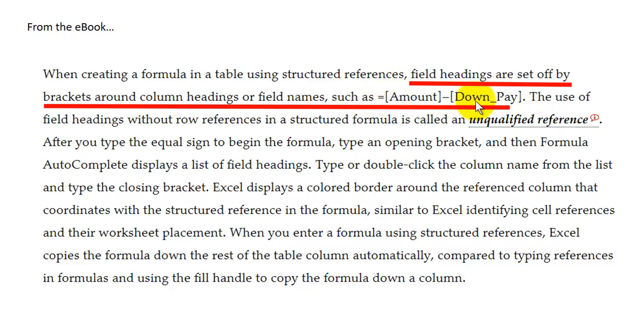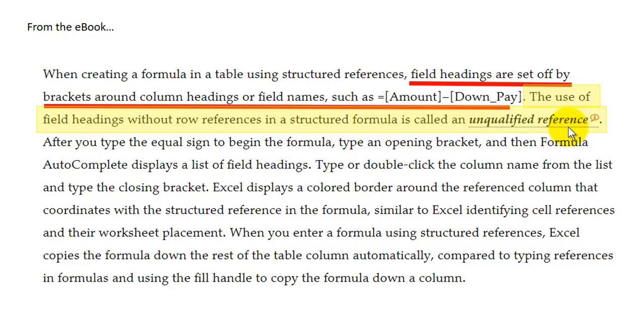That this is saying take the value in the amount column and subtract the value in the down pay column. Okay. The use of field headings without row references in a structured formula is called an unqualified reference.